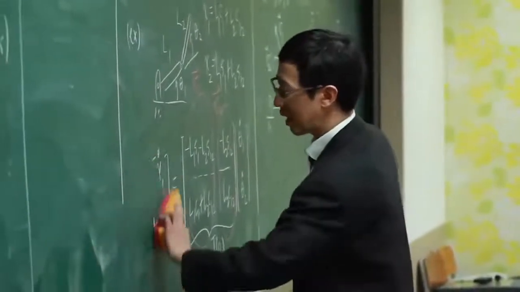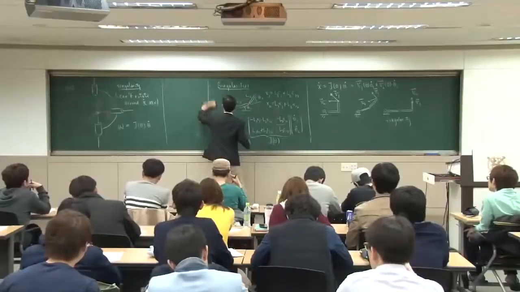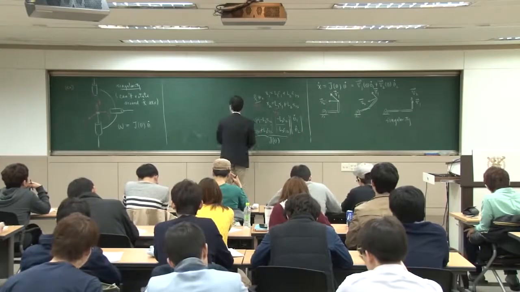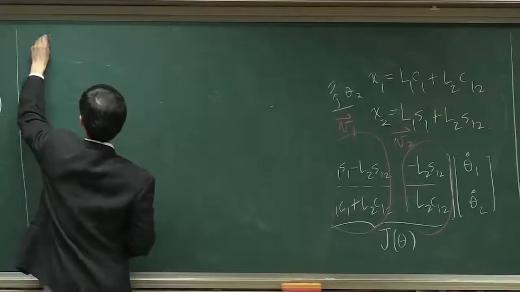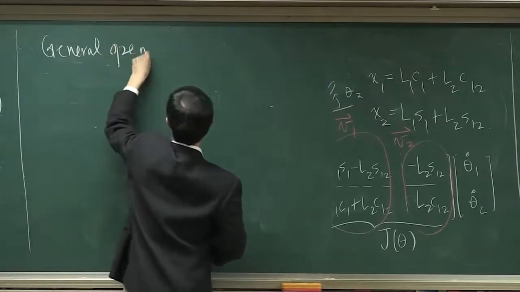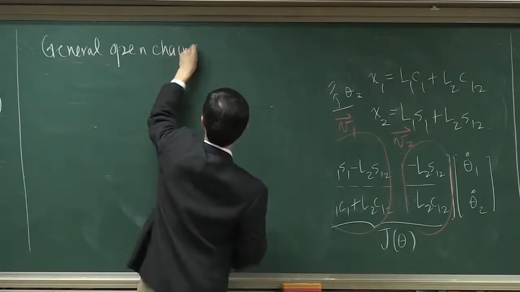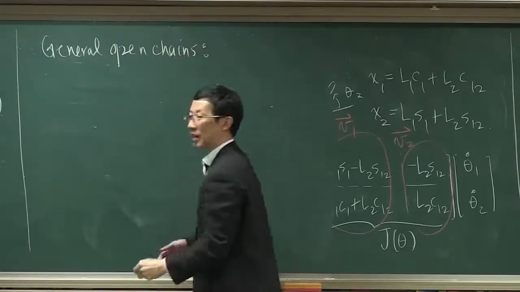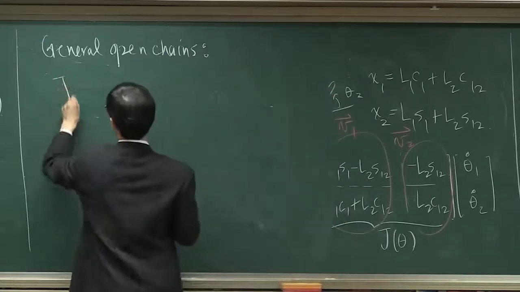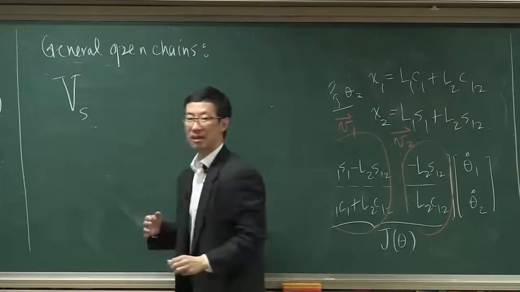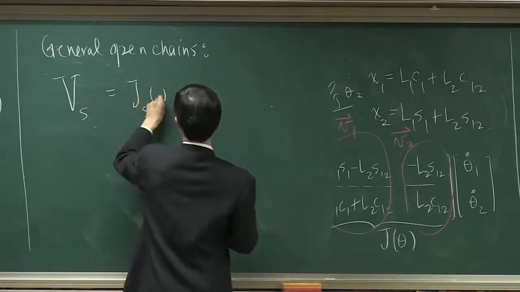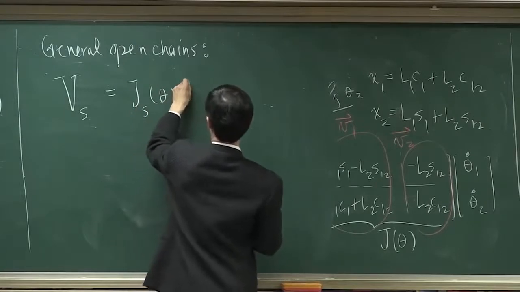And the way to do that is to use a Jacobian. So for a general open chain, just write down V sub s is equal to J sub s times theta dot.